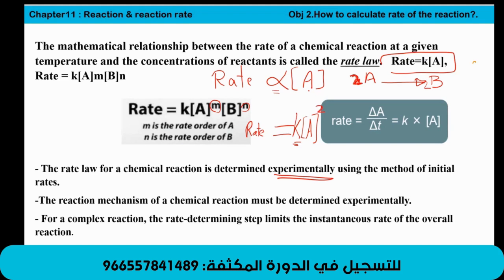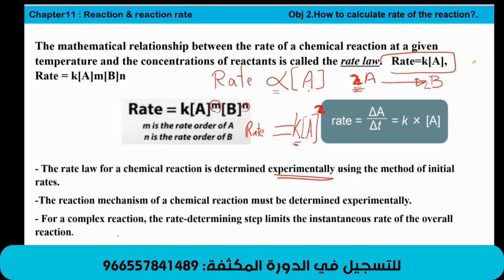The number of moles, or this coefficient that is written here, should be the exponent. How can I calculate it? Also experimentally. So you have to do the experiment to calculate this value. But this coefficient is already written, no problem.